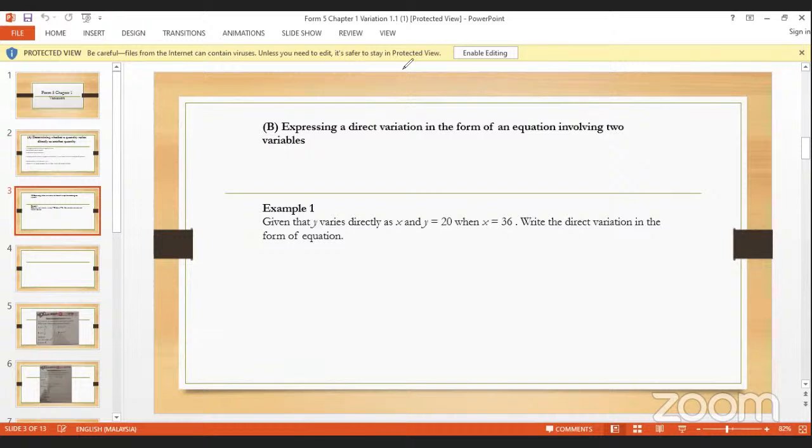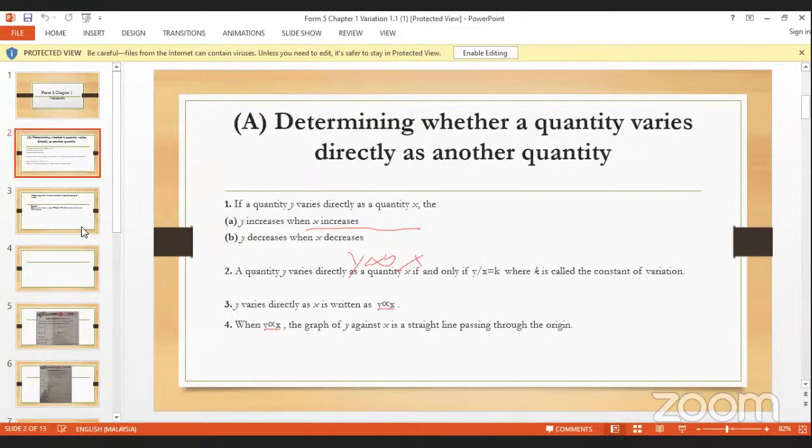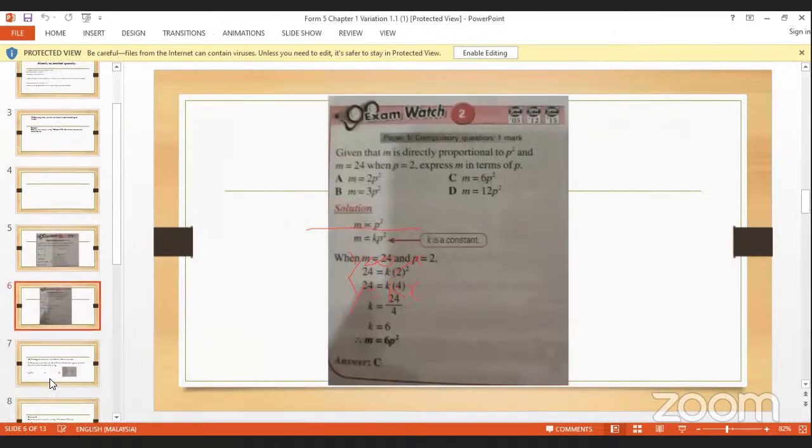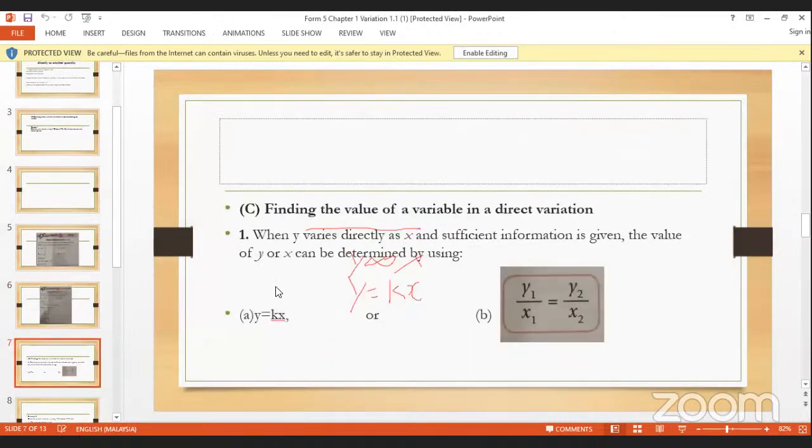So given that y varies directly as x, in this topic it will be y equal to kx. This is a formula. You know about this formula here. Y equals kx.